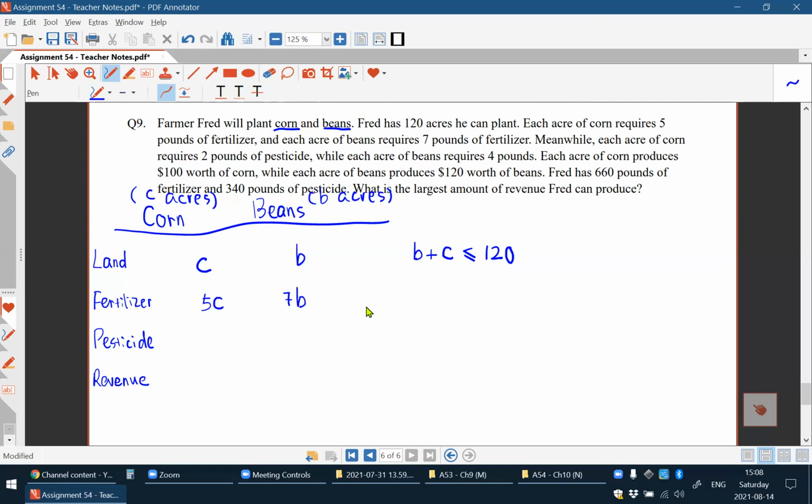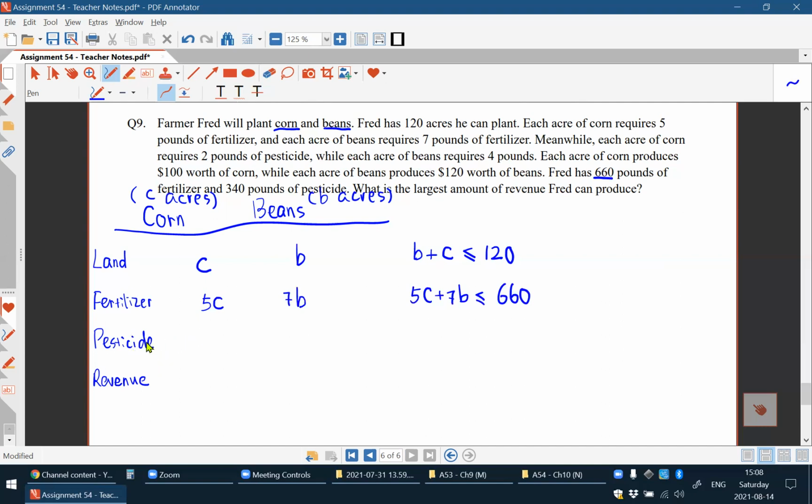So the total fertilizer needed for the two types of crops is 5C plus 7B. This amount cannot exceed the total amount of fertilizer Fred has, which is 660, right? So 5C plus 7B should be less than or equal to 660.